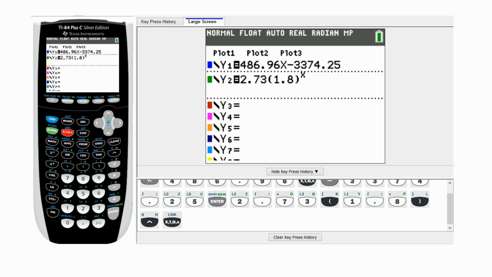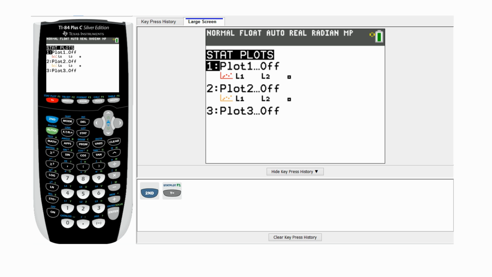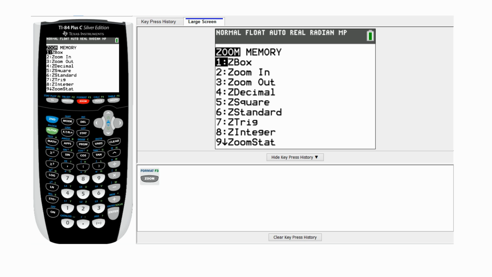I can tell from here that I don't have my plot on because that would be highlighted in black. Second, y equals takes us to our stat plot. I'm going to press enter and then enter to turn it on. From here, we want to press zoom. We want zoom stat, press 9.